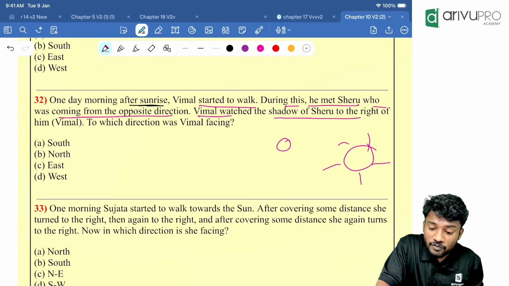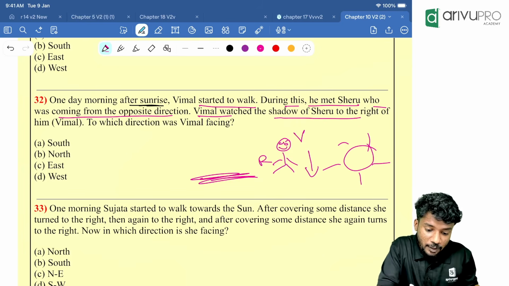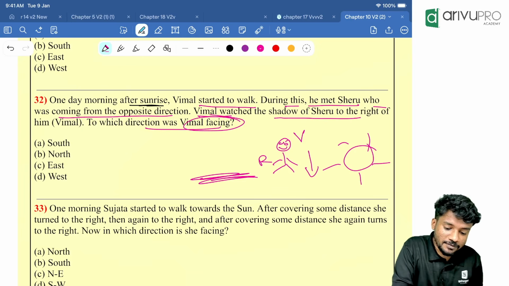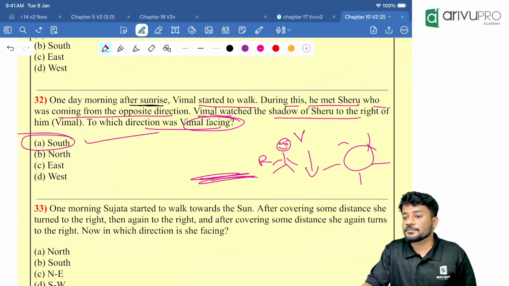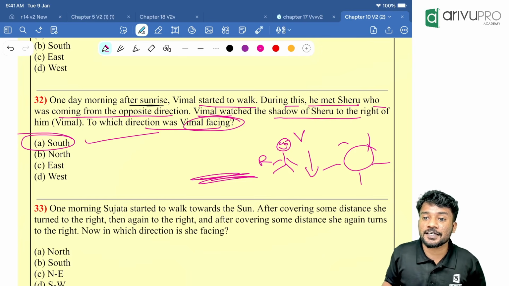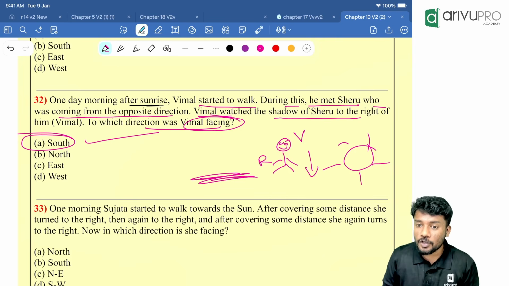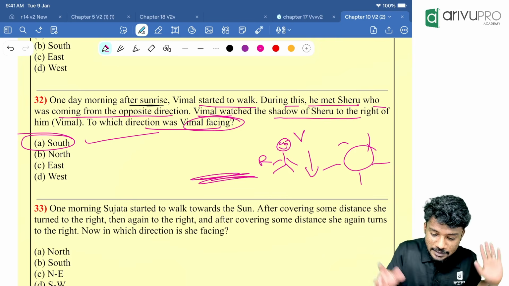That means Vimal is seeing the shadow on the right hand side, so Vimal is looking towards which direction? The south direction. Now the question is, which direction is Vimal facing? The answer is south. Now, what if the question was about which direction Sheru is facing? Sheru will face the opposite direction. The answer will be north. Okay, got it.